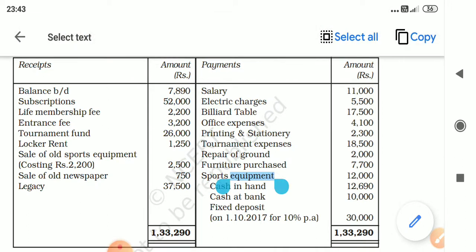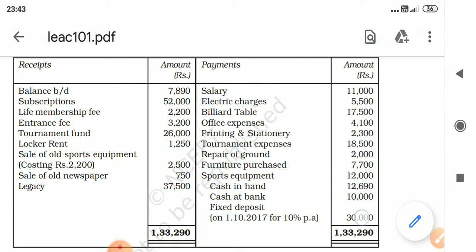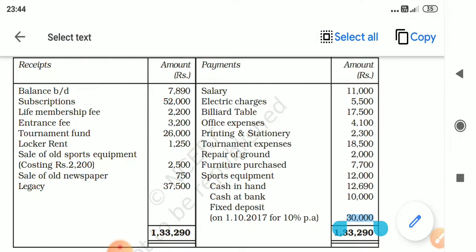These things will be added to the opening balance, and we have to subtract the sales, and then find depreciation. In my previous video I have explained how to calculate this. You can prepare a similar working note. Cash in hand and cash at bank will appear in the current year's balance sheet, that's the closing balance sheet, asset side. Fixed deposit 30,000 will appear in the closing balance sheet, 2017 balance sheet, asset side.